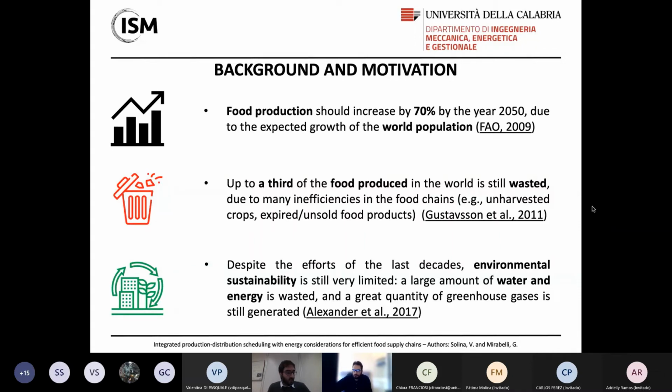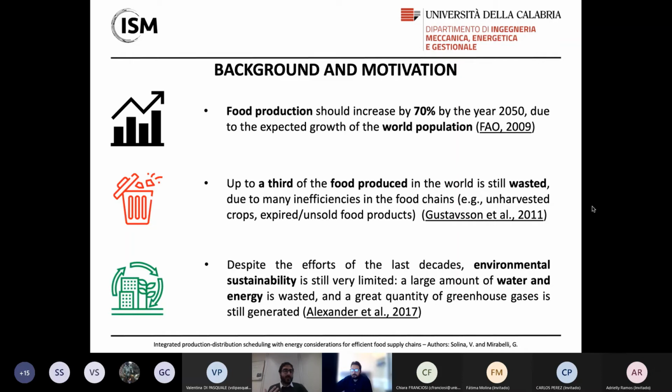The starting point was some considerations about the current situation on food waste and sustainability. First of all, according to the Food and Agriculture Organization, food production should increase by 70% in the next few years due to the expected growth of the world population.